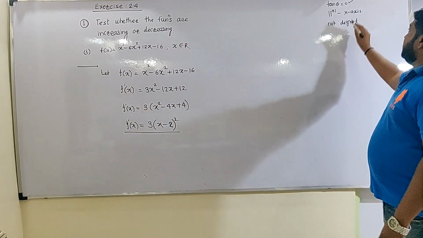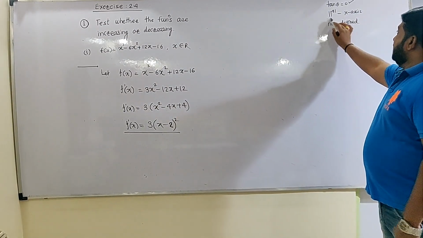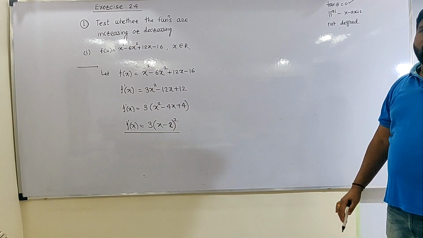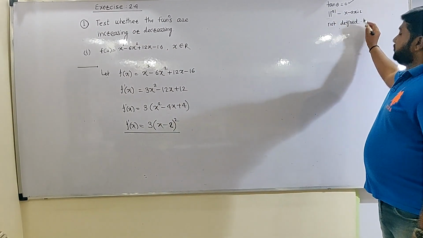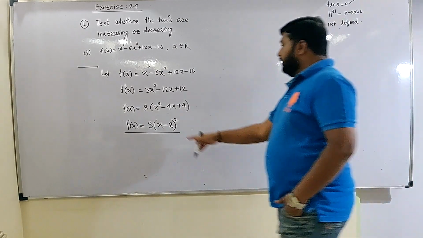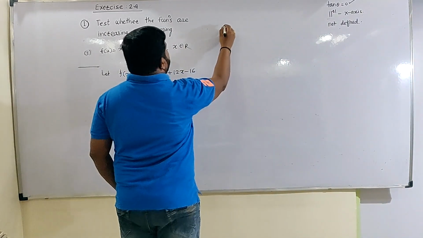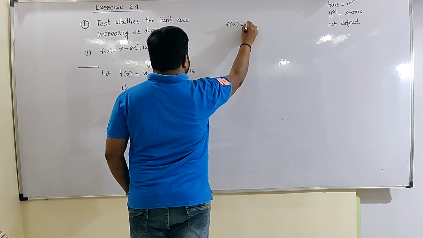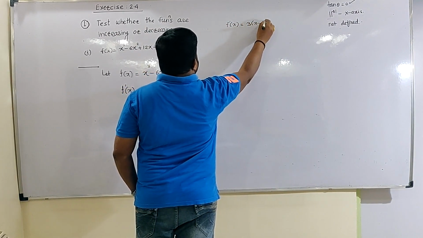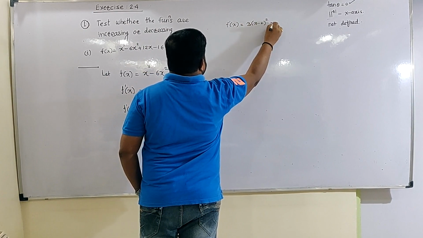When it is parallel to the x-axis. So therefore f dash of x, this function, is greater than 0. F dash of x is equal to 3 into x minus 2 whole square, greater than 0.